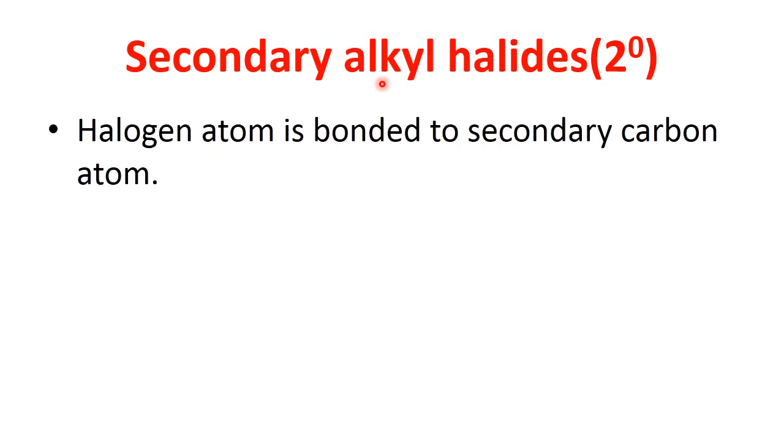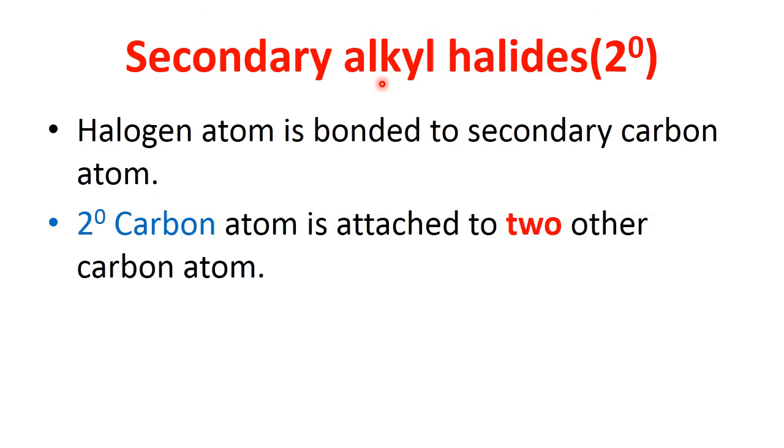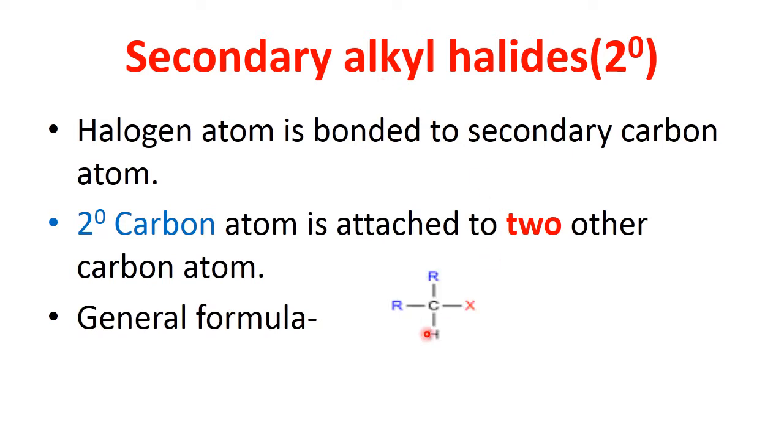Secondary alkyl halides are those in which a halogen atom is bonded to a secondary carbon atom and that secondary carbon atom is further attached to two other carbon atoms and therefore it is called a secondary alkyl halide. And these secondary alkyl halides are represented with the general formula R2CHX.